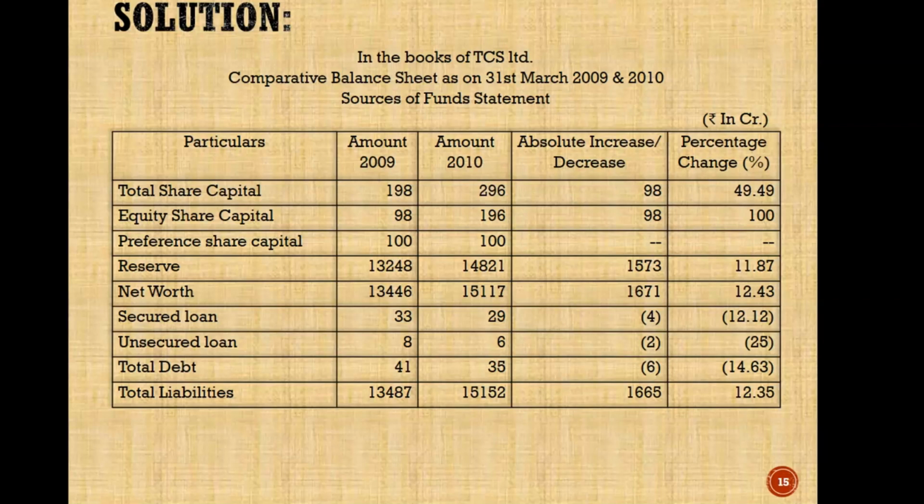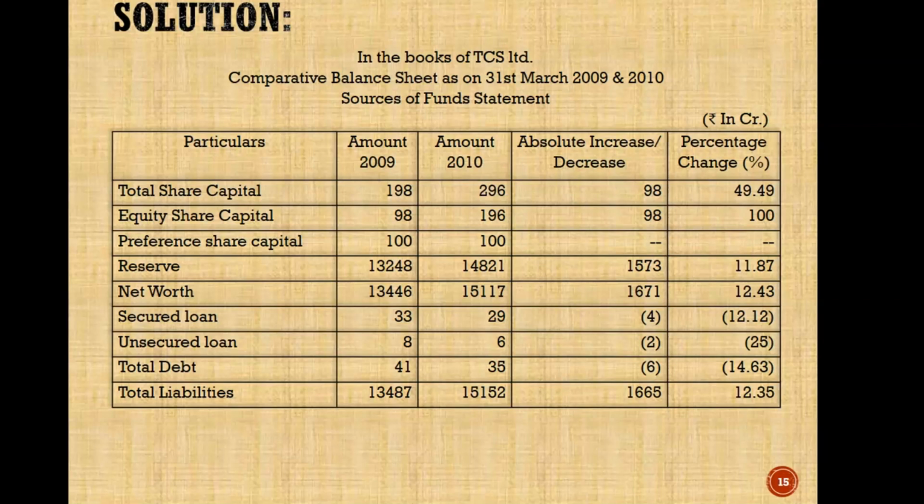It indicates that the amount has increased. Next is unsecured loan. Same, it has decreased, and in percentage we can see a 25% decrease.